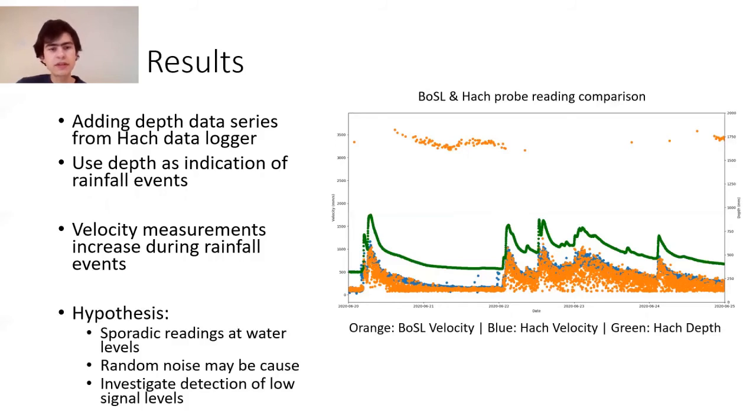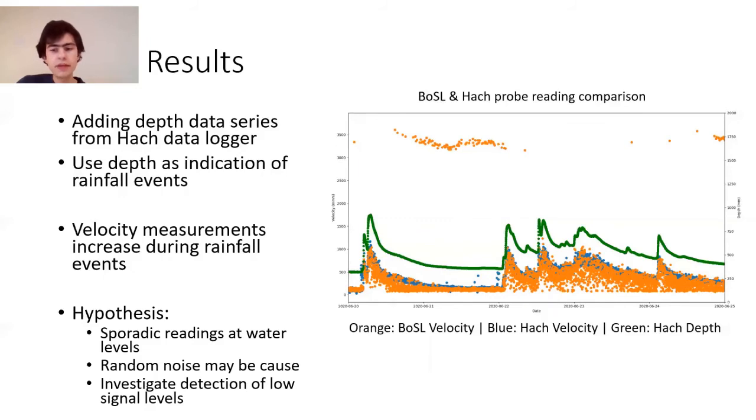Secondly, we also see that the sporadic readings occur at low water levels. The reason for this may be that there isn't enough water depth for the velocity probe to have particles to bounce the ultrasonic signal off, and so the signal may be weak.